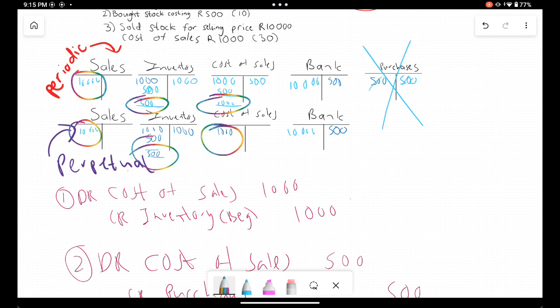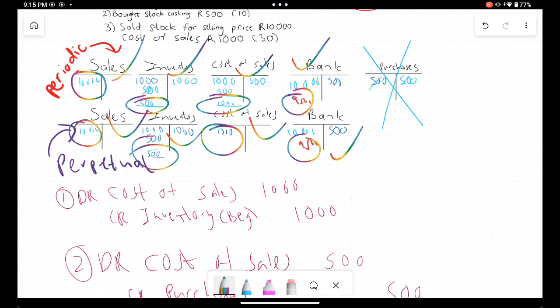You have a bank balance also brought down over here, 10,000 minus 500, 9,500. So 9,500 is also brought down over here, 9,500 and this 9,500. Same thing. So you have the end of the bank balance, end of the bank balance. This all matches as if you never did any of the periodic versus perpetual.